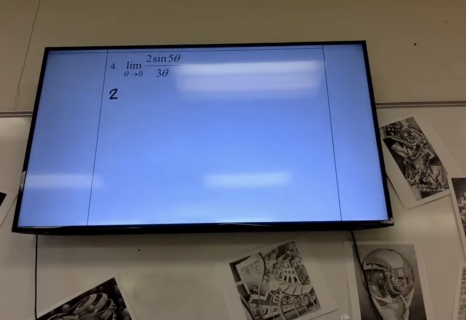So we get 5, 6. Wait, no. Whoa. Because I think you'd have to divide by that 2. Okay, you're not dividing by that 2. That 2 I just moved. Yeah, I can just move that because it's not with the sine. We do like 3/5. And that 3 I can just move.